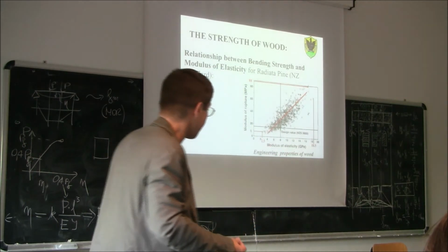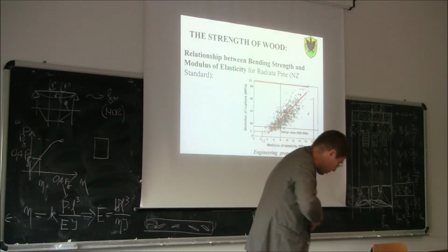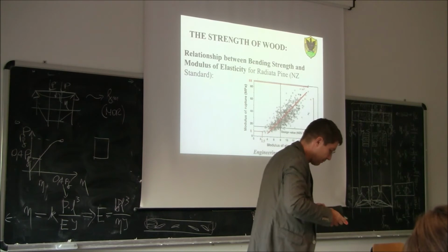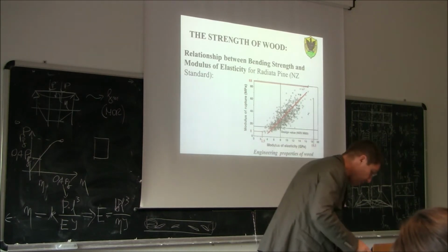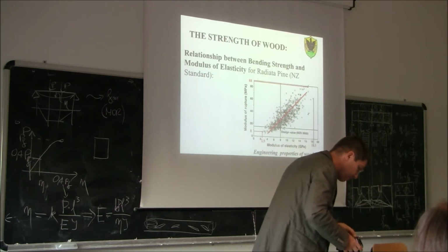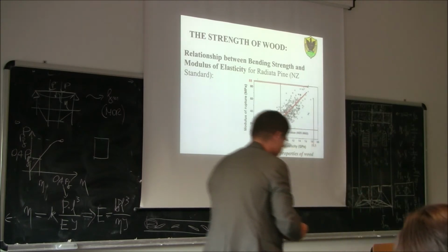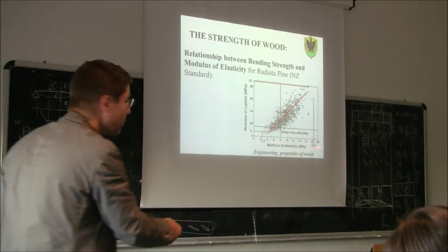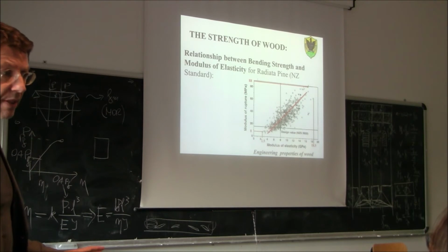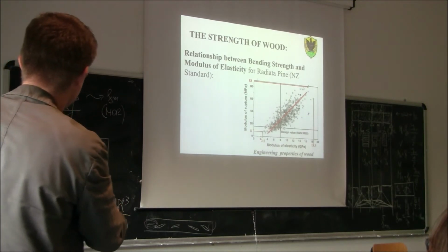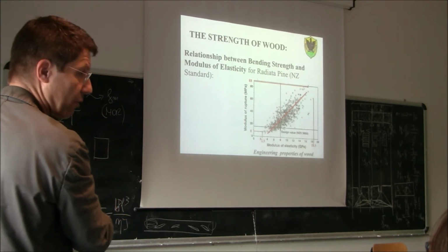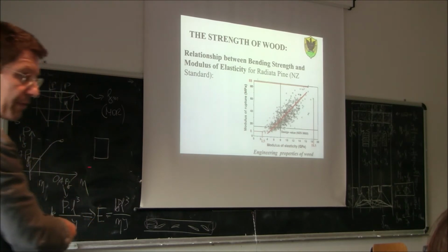Now, sorry, I forgot to switch it off. So measuring the modulus of elasticity of timber is a non-destructive technique because I can apply a small amount of load, not the failure load, of course, 40%, even less than the failure load.